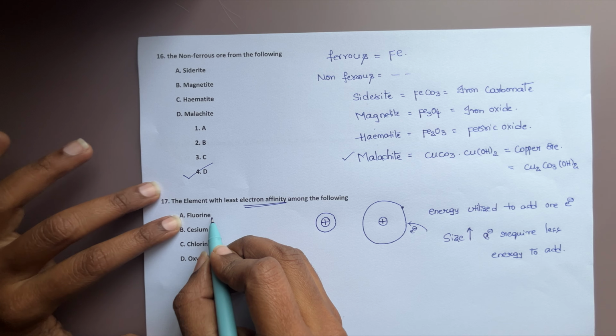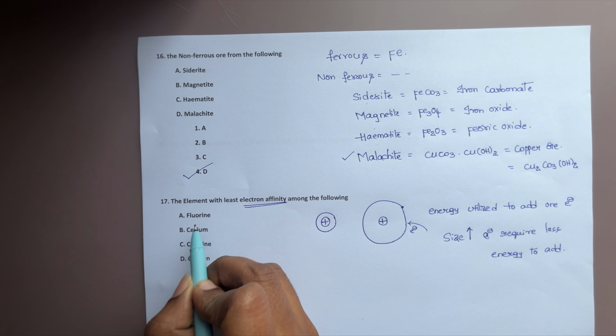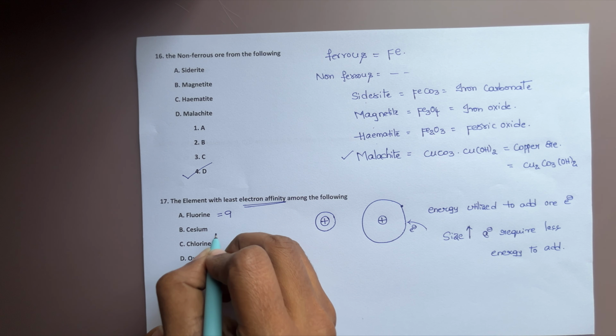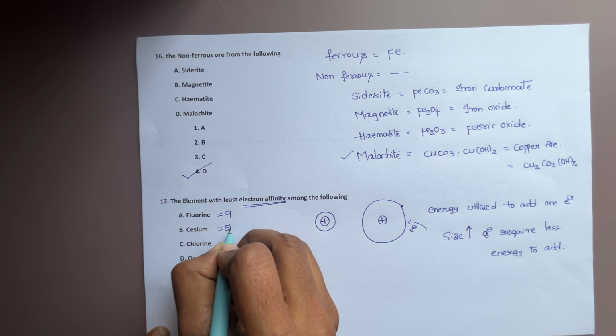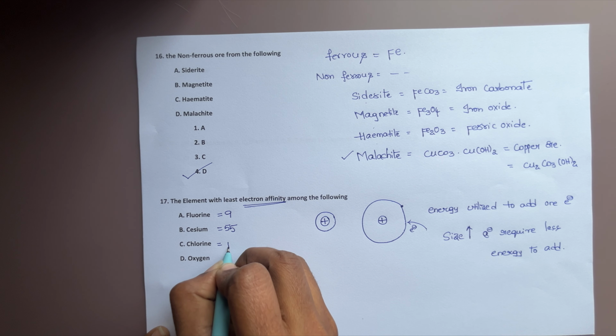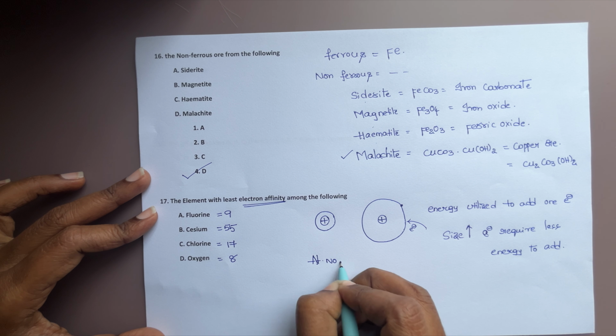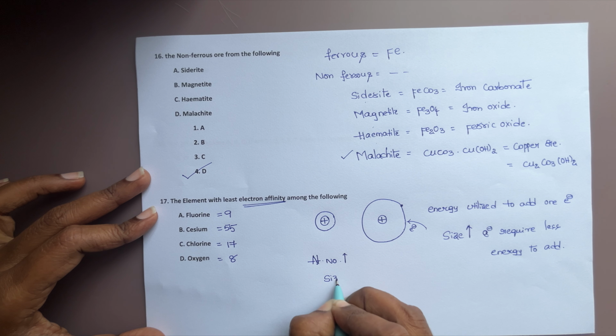Here fluorine is smaller in size. The atomic number of fluorine is 9, cesium is 55, chlorine is 17, and oxygen is 8. If the atomic number is more, the size is also more.